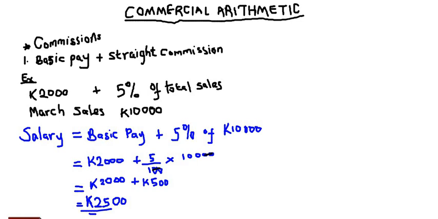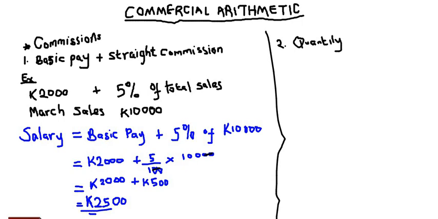All right, let's look at the second type. The second type of commission is called quantity commission. So for this one, there is no basic pay. It is entirely or exclusively based on the quantity of sales that have been made in a payment period.